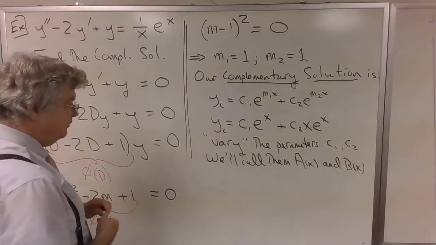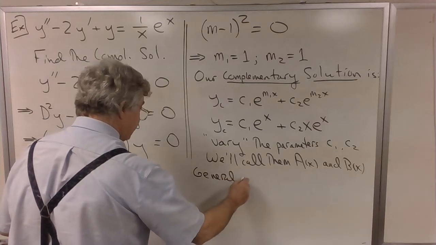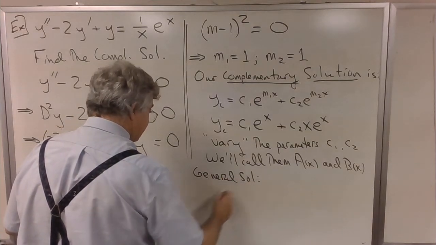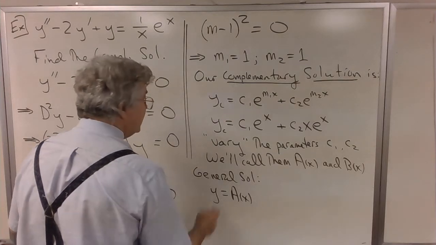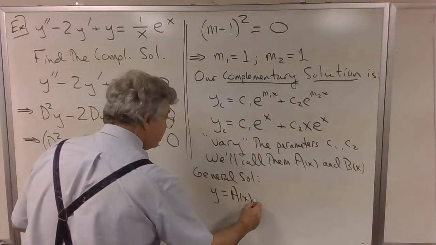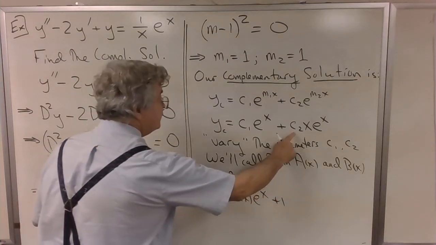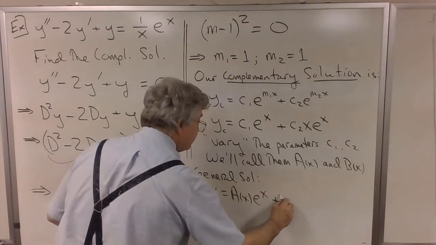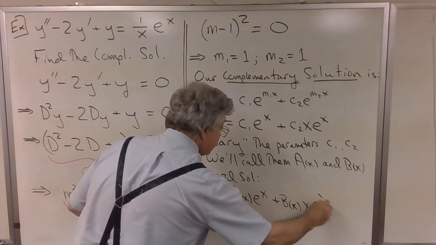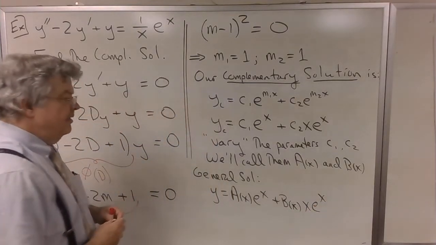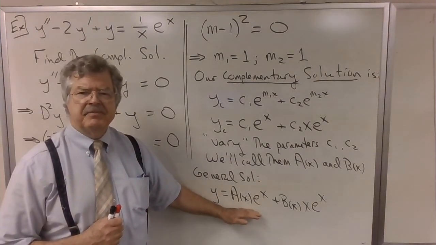And our general solution is going to be a of x times e to the x plus b of x times x e to the x. This is what we propose our general solution to look like.